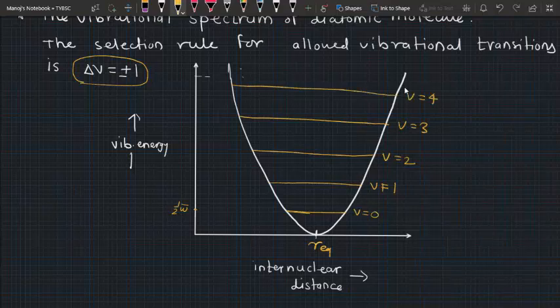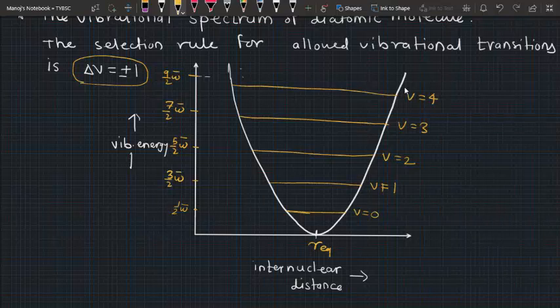The corresponding energies will be 3 by 2 omega bar, 5 by 2 omega bar, 7 by 2 omega bar, 9 by 2 omega bar. So this is the vibrational energy.